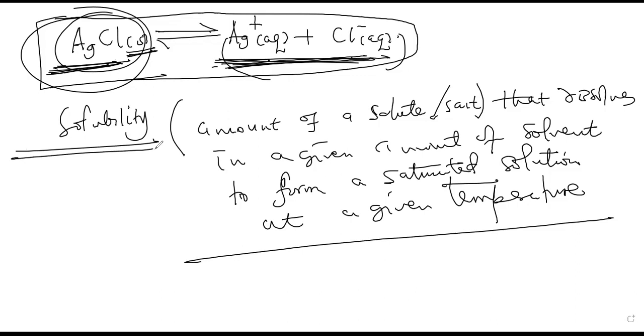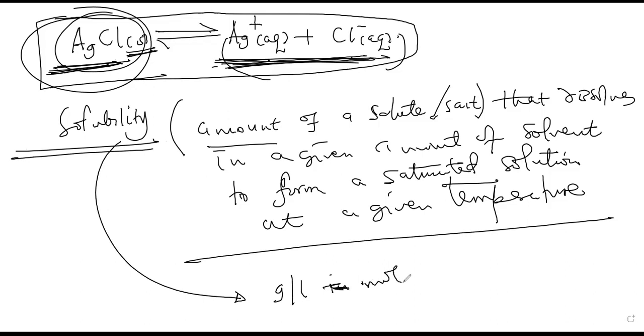Now, solubility being an amount, it can be expressed in terms of concentration. It can be expressed as grams per liter of solvent, or in moles per liter, or in grams per 100 grams of water or solvent.